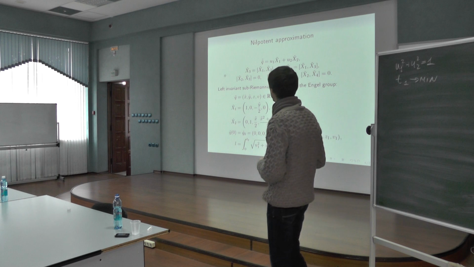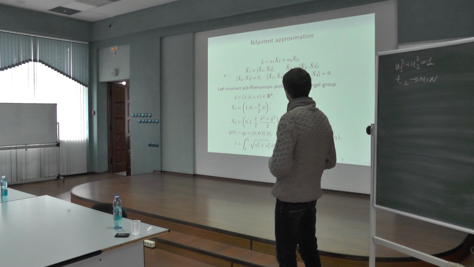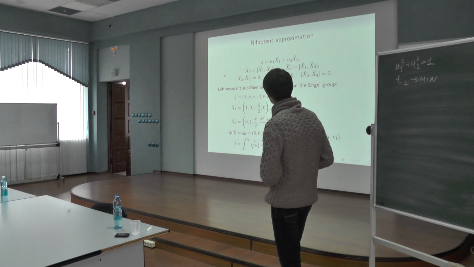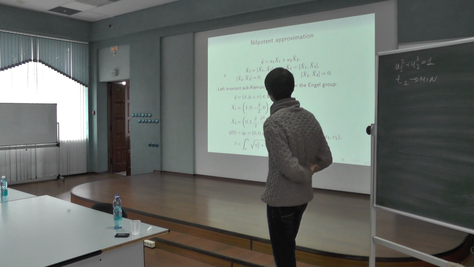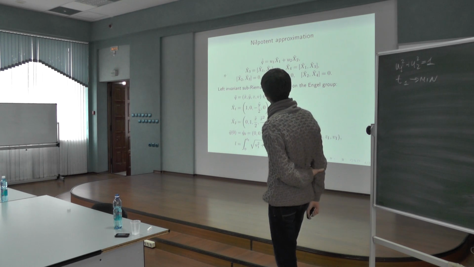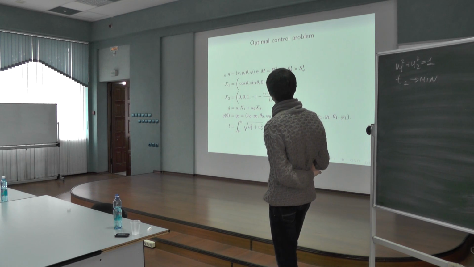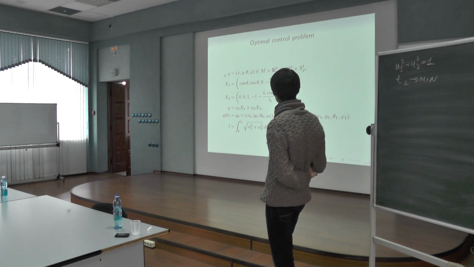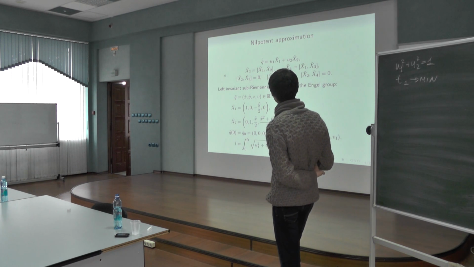And this is the simplest structure of algebra in this situation, and if we consider the Taylor expansion of these vector fields in privileged coordinates, we can obtain the following vector fields.